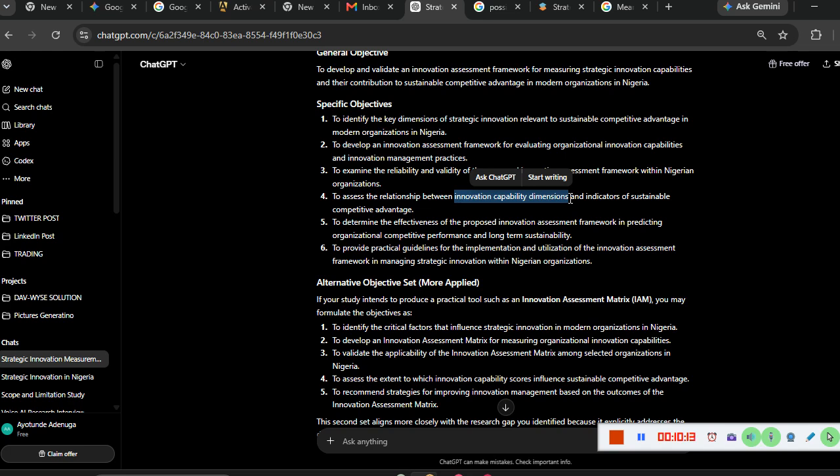Objective number 4 here captures that as a goal, which was broken down in chapter 1 that we did. Look at how it encapsulates it here. As it is now, it's a very big thing, because all these things are mighty.